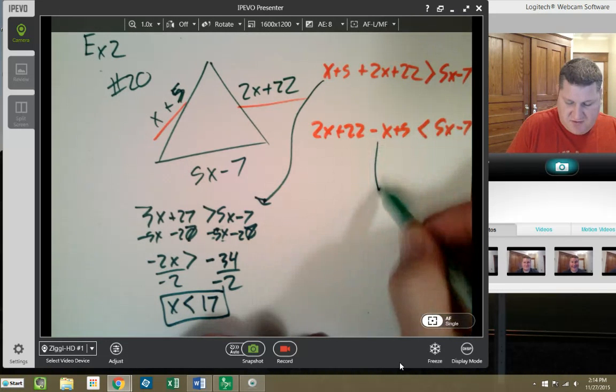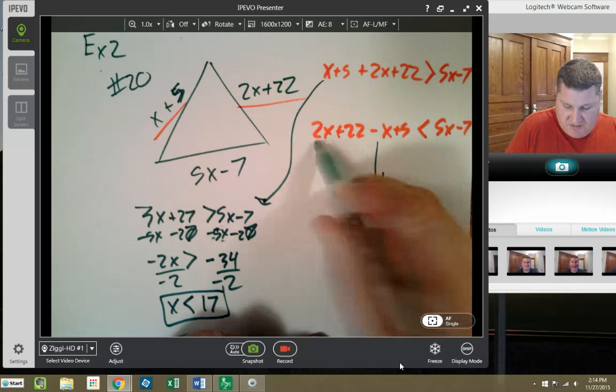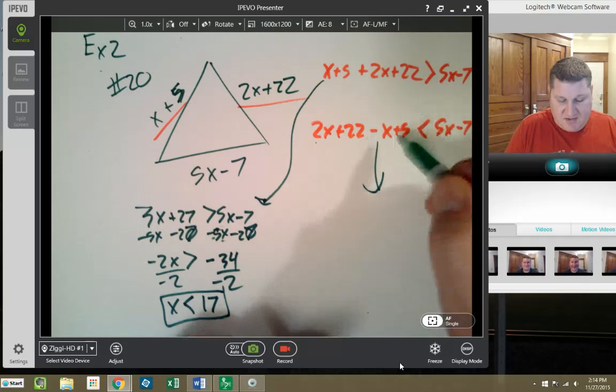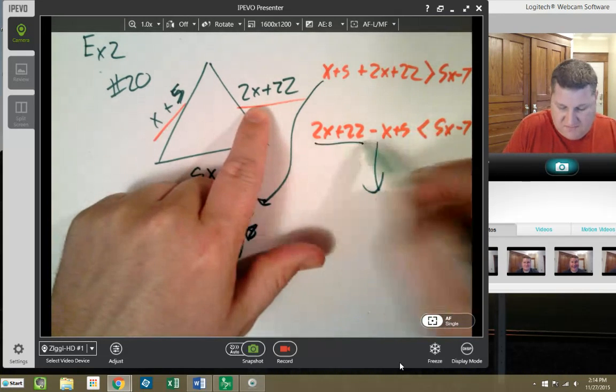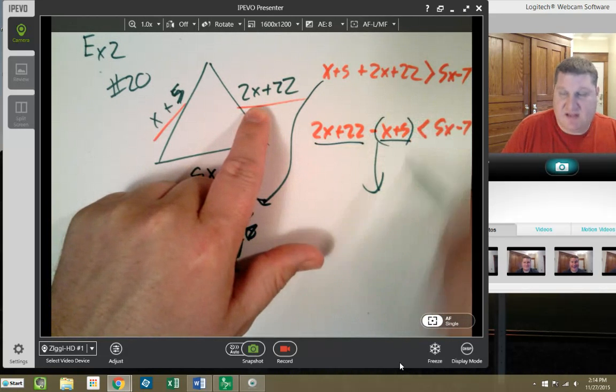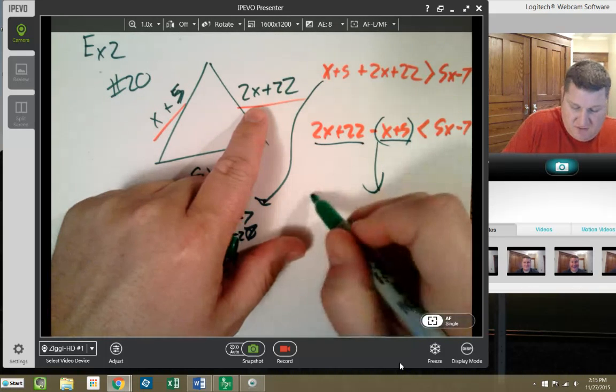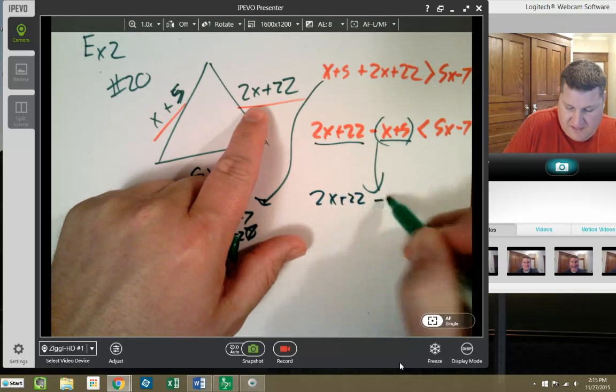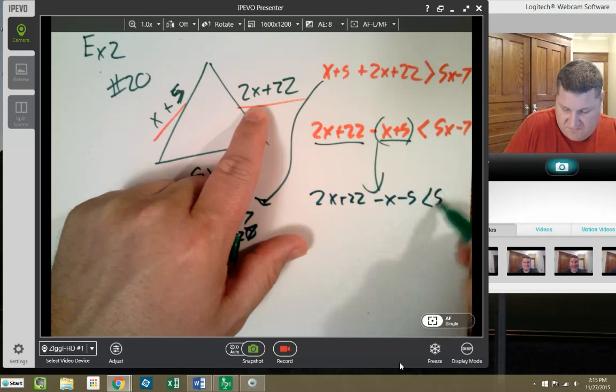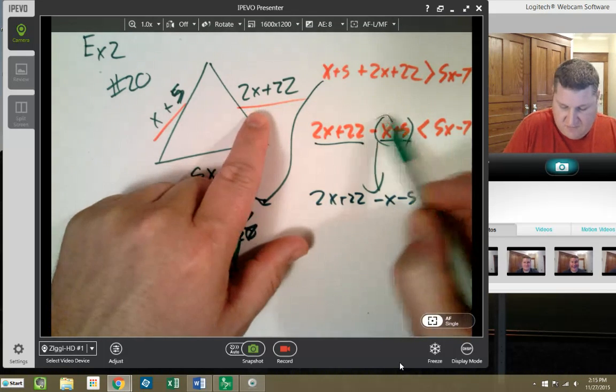But now let's deal with the other one. I have 2x minus. Now, I do need to be very careful because I took one side minus the other side. It needs to be in parentheses. So 2x plus 22 minus x minus 5 less than 5x minus 7, because I got to give away the negative.